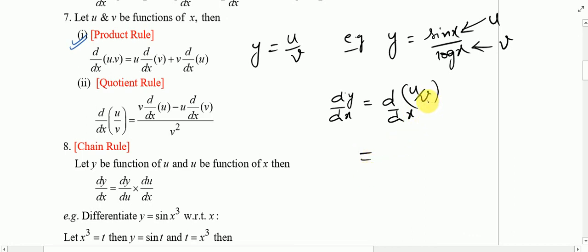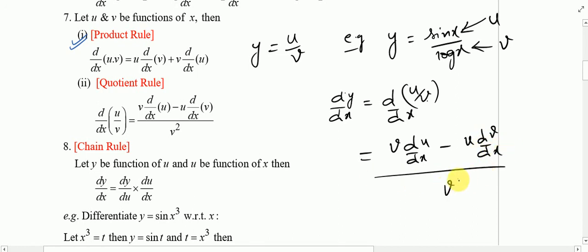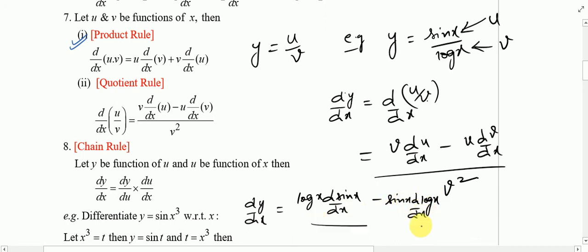Here the denominator is v, so v will be written here, then du upon dx minus u dv upon dx, whole divided by v square. So in this case, in your dy upon dx, u is sin x and v is your log x, so you will get log x times the differentiation of sin x with respect to x, minus sin x times the differentiation of log x, and the whole divided by log x whole square.